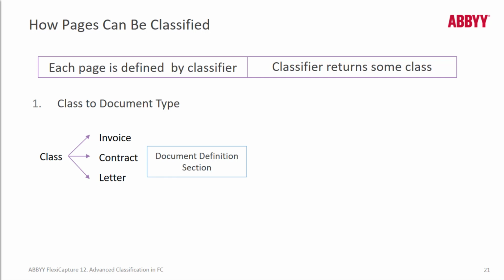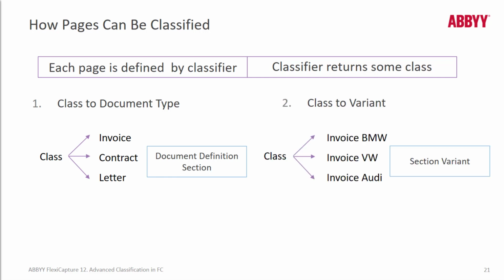When a class is assigned to a variant, a document section variant is used. So, from a business point of view, document types are defined by business processes and assigned to document sections, and variants indicate that within one document section or document type, different requirements exist for classification and data extraction.